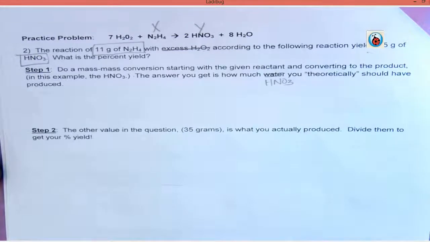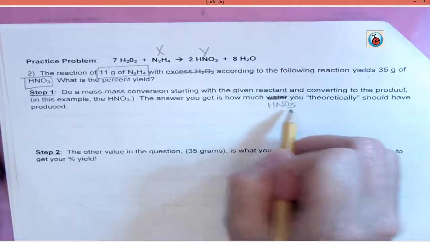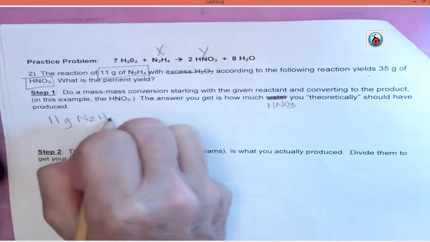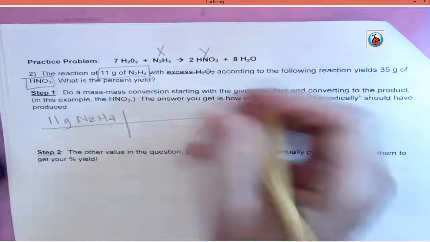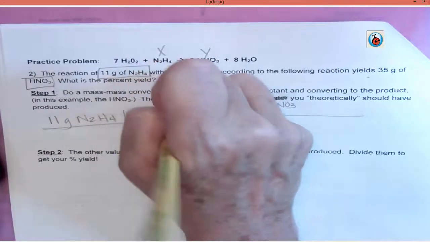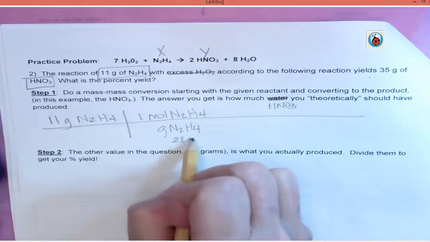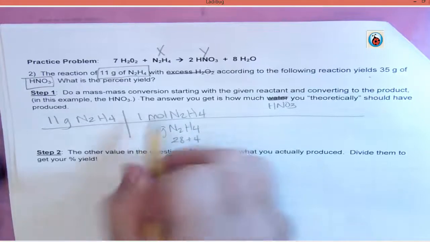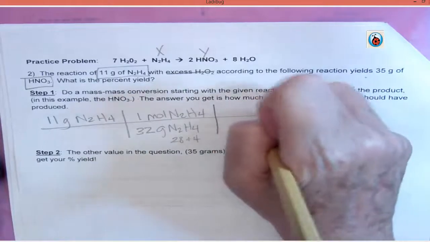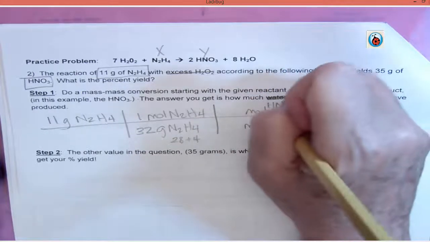Okay, so right here we've got our X and Y. Mine says water. It should be this HNO3. Okay, so we're going to start with 11 grams of N2H4. I'm going to convert grams of N2H4 to 1 mole of N2H4. Okay, so 2 nitrogen is 28 plus 4. So that would be 32 grams. That's my molar mass. Then I need moles of N2H4. And what's my Y?